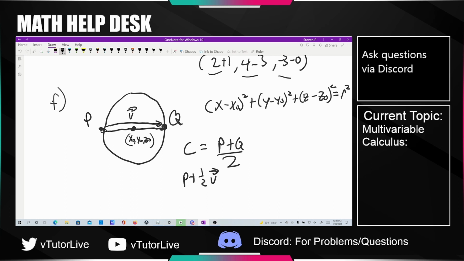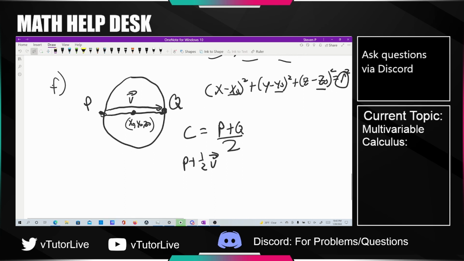But at that point, once you have x naught, y naught, and z naught, you plug those in, and all you have left to do is to find the radius, right? And again, you can do that in any number of ways. You could take the center and figure out how far it is from Q or how far it is from P using the distance formula.